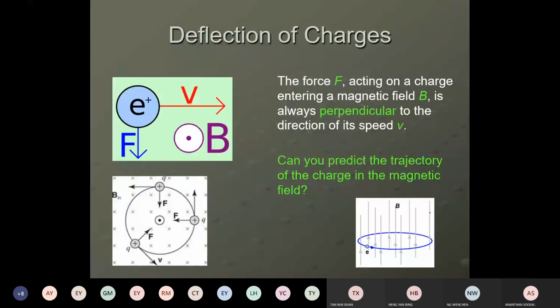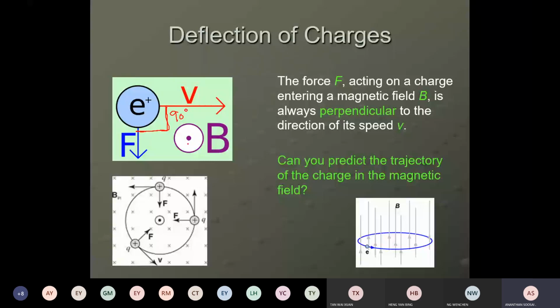Okay, next. Now something important. Look at the first diagram here. The V is to the right, the force is down, the magnetic field is out of the page. Dot means out of the page. The force will be down. So here you have to note that the force and the velocity are always 90 degrees perpendicular.